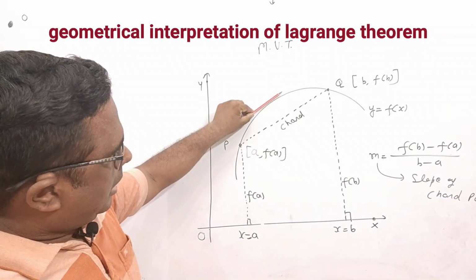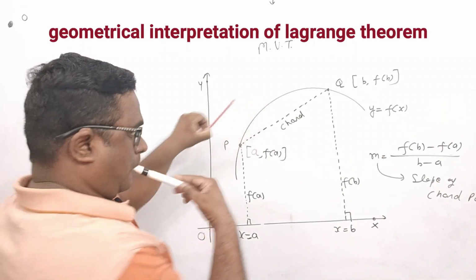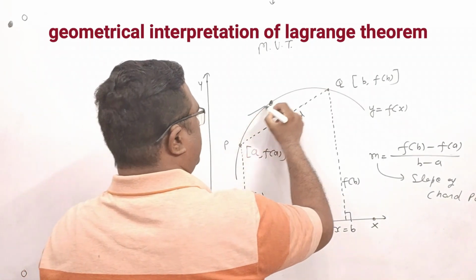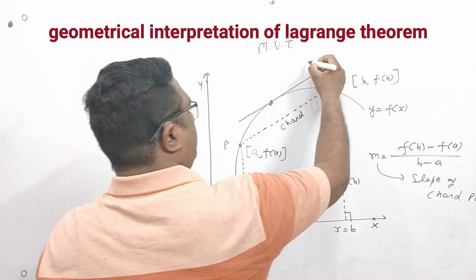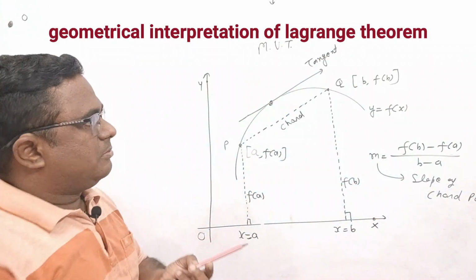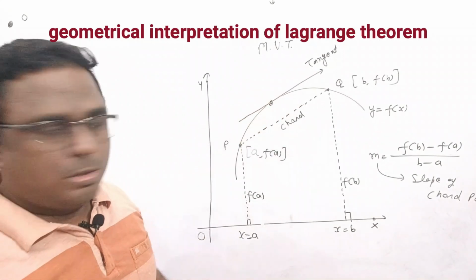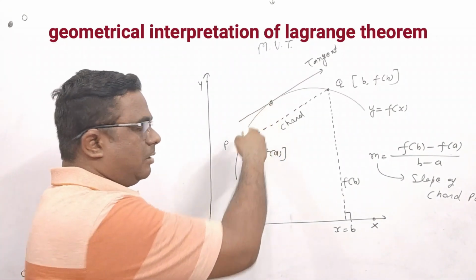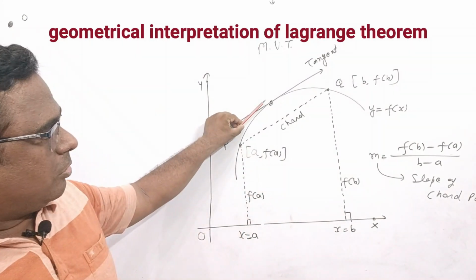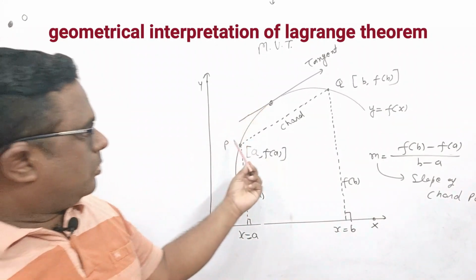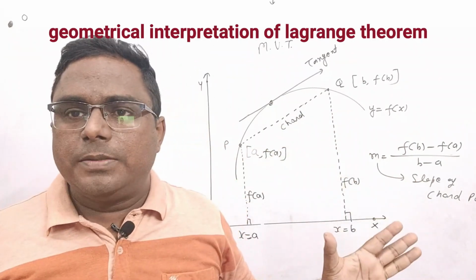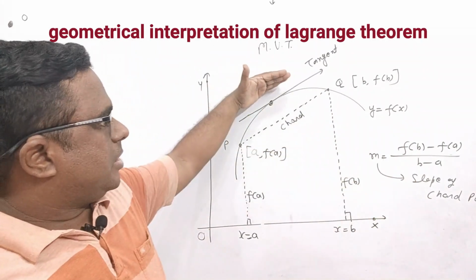And at this point, when I come to this point, the tangent to the curve becomes parallel to the chord. And again, if I move in the backward direction, the tangent is again not parallel to the chord. So in this portion, there is at least one point at which the tangent is parallel to the chord.